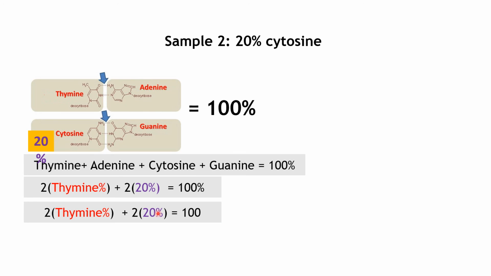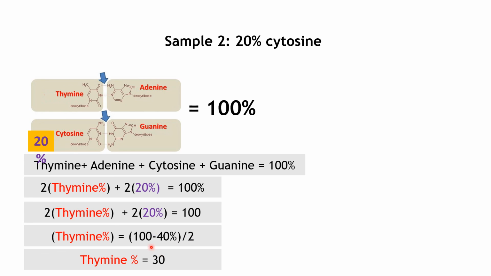So we try to solve the equation. 100 minus 40 divided by 2 is 30. In other words, here we will have 30% of adenine and 30% of thymine because they're complementary, and we will have 20% of guanine.